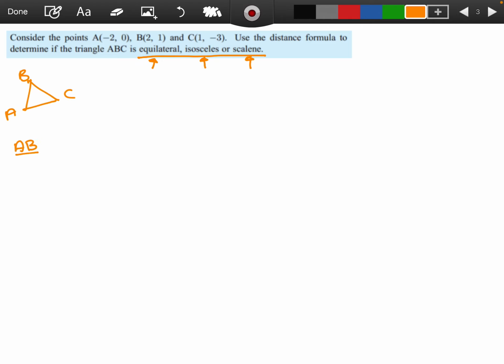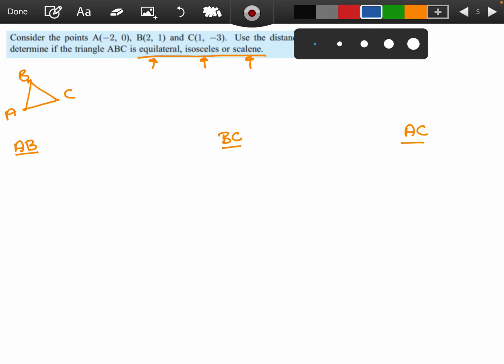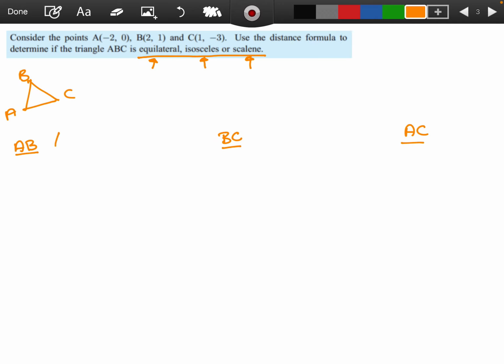So I need to figure out side AB, side BC, and side AC. So I'm going to have to use this formula 3 separate times. So let's get started. When I'm doing AB, I've got -2, 0, and I've got 2, 1. Those are the 2 points that I'm going to use. So that's x1, y1, x2, y2.